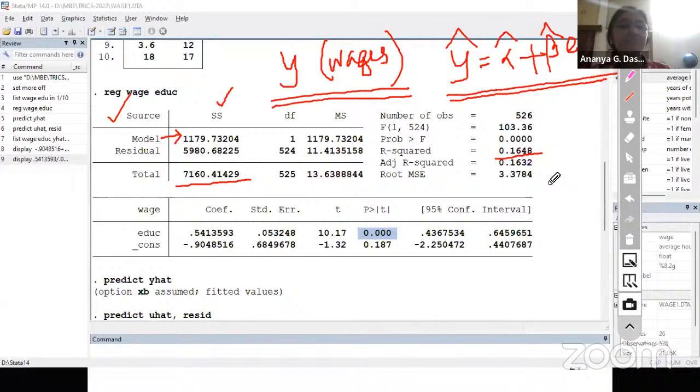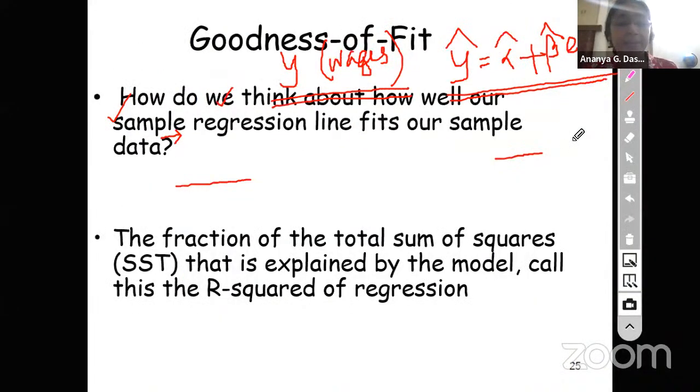So R squared is another important flag point so far as our two variable model is concerned. Not just the two variable model, for the multiple regression model we'll be talking about the adjusted R squared.